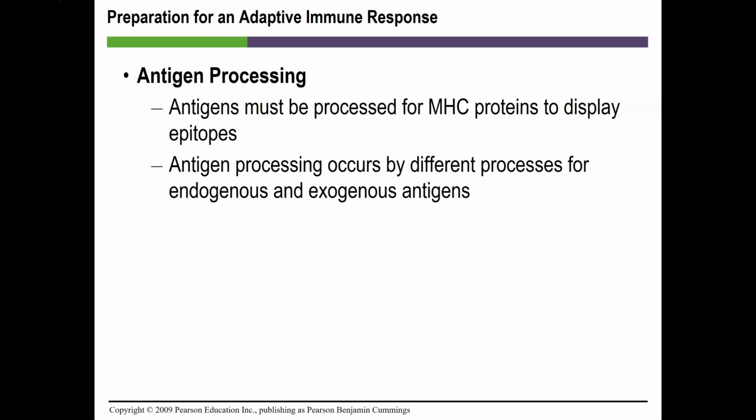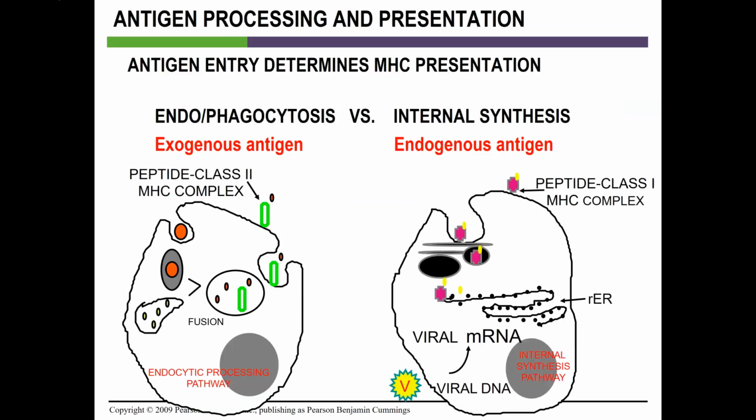If it's an exogenous antigen, and remember, those came from outside, a cell would have to phagocytose it. You see this little red ball representing some sort of cell type that is getting ingested or phagocytosed. Then the phagosome and lysosome fuse, allowing MHC2 to grab an epitope.